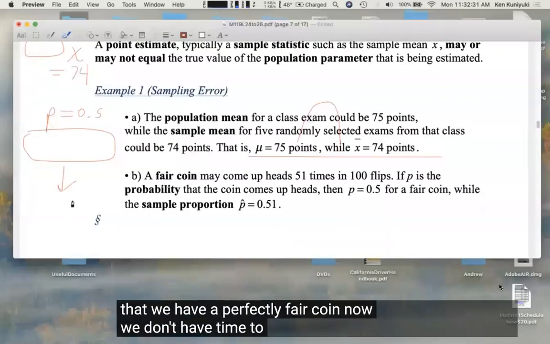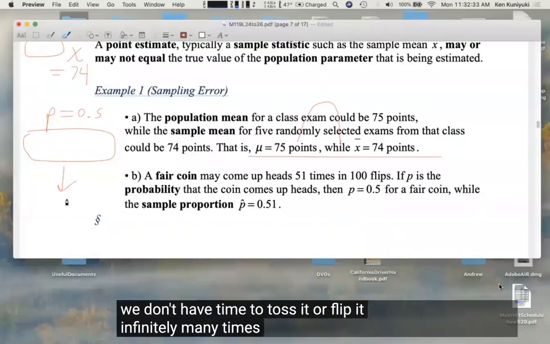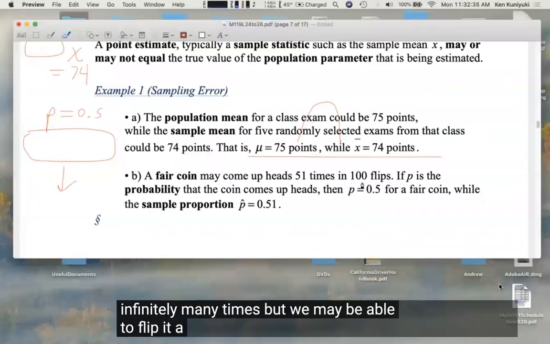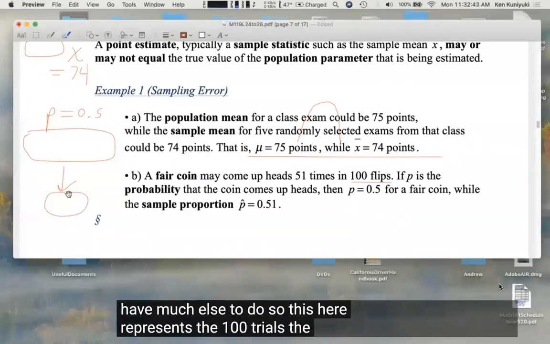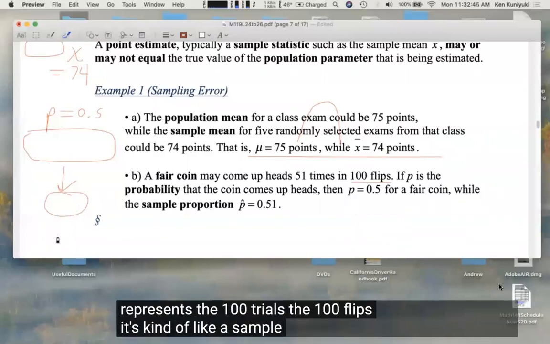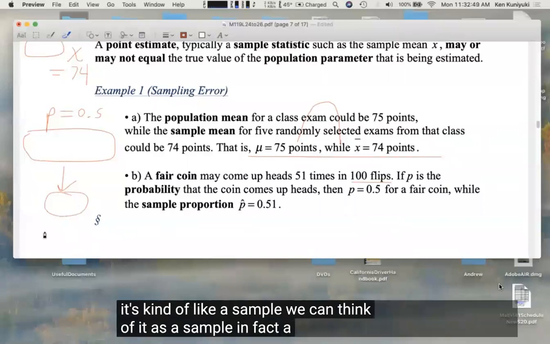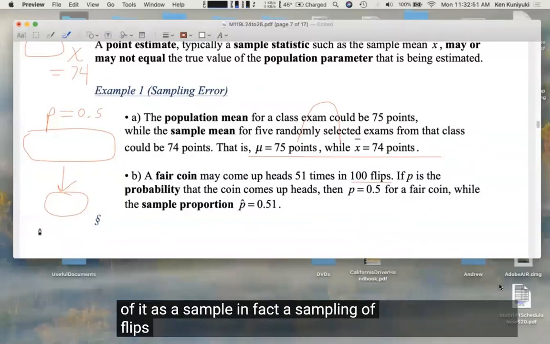Now, we don't have time to flip it infinitely many times, but we may be able to flip it 100 times if we don't have much else to do. So this represents the 100 trials, the 100 flips. We can think of it as a sample, in fact, a sampling of flips.